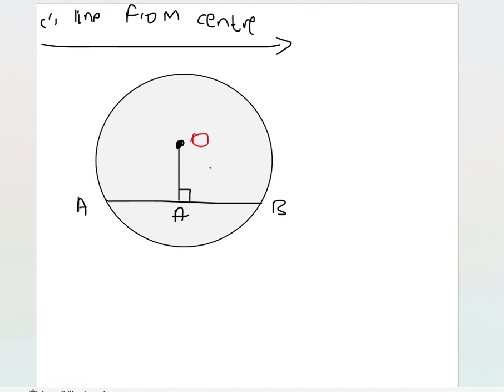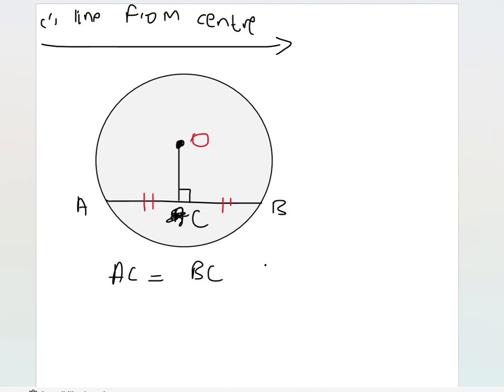The theorem says that if a line from the center O is going perpendicular to the chord AB, then this line will divide AB into equal halves. Let's say this here is C. This means that AC will be equal to BC, provided that OC is from the center and it's perpendicular to AB.